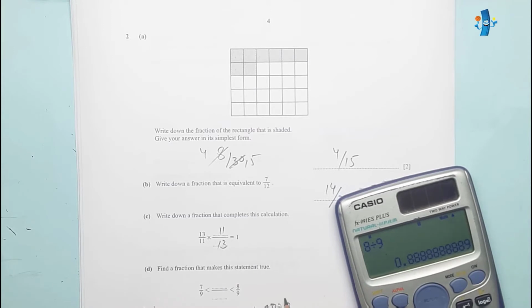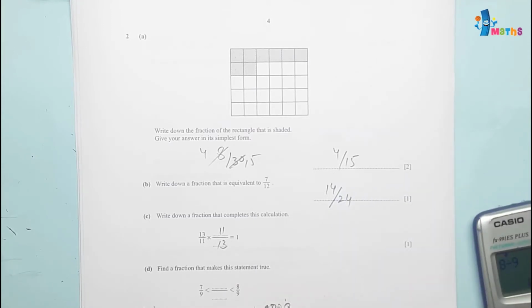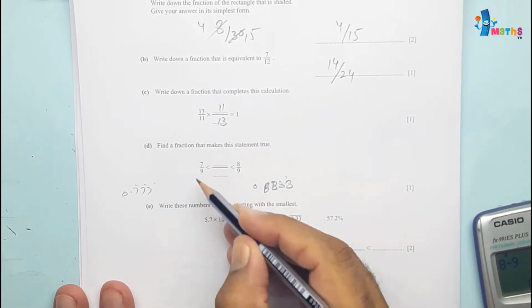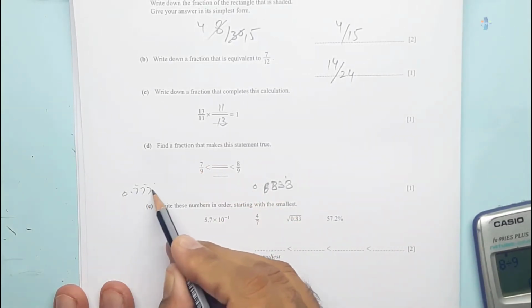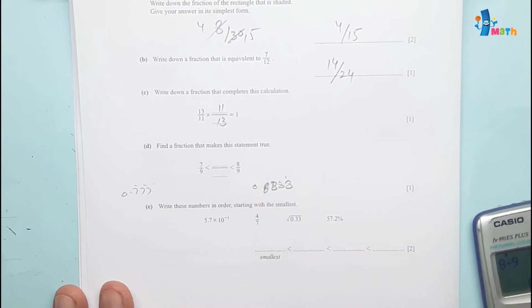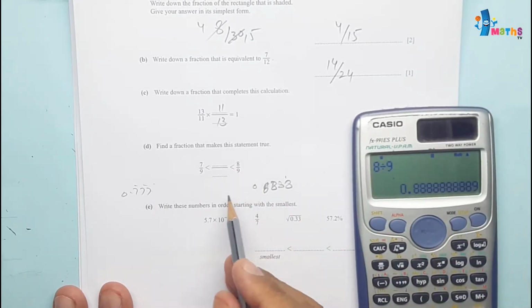So we need a number in between these two numbers. Basically, I'll show you over here. 7 by 9 is 0.7 recurring and 8 by 9 is 0.8 recurring. So we need something in between.